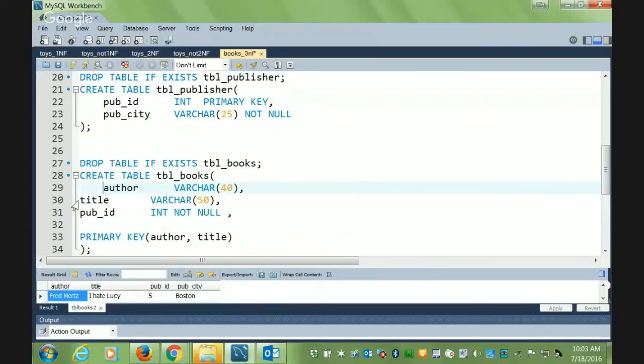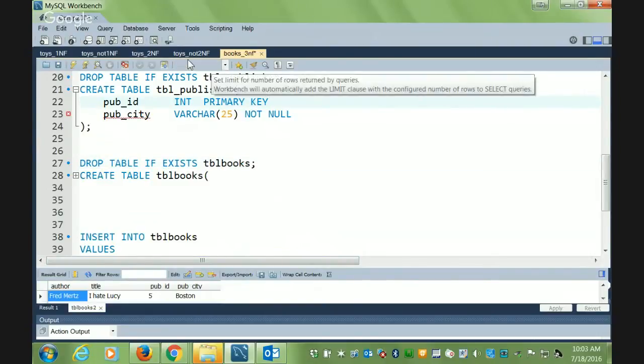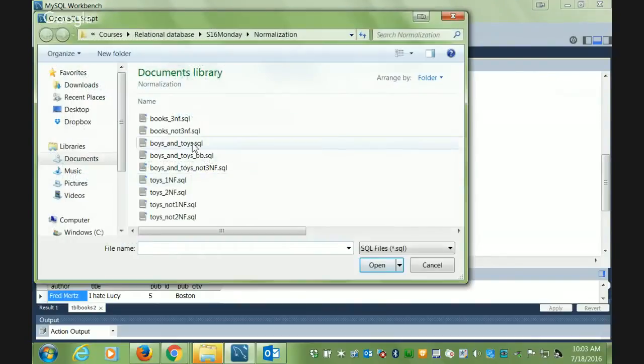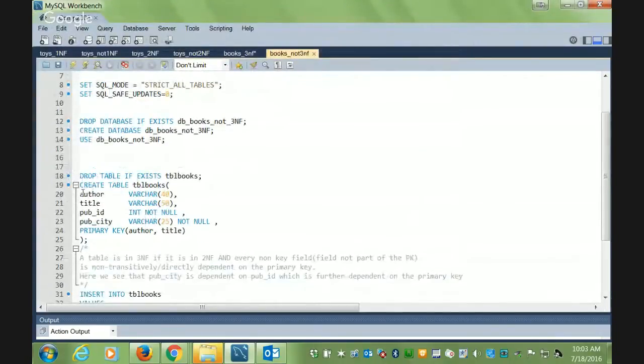So I'm just going to tab it a little so that, oh, what happened to my, oh, well, where are you not in third normal form? I did a Control-Z, didn't get it back, which is strange, but anyway.